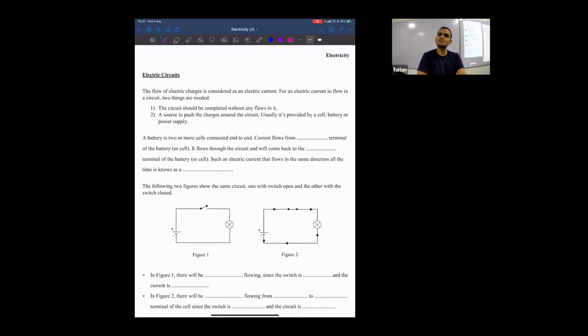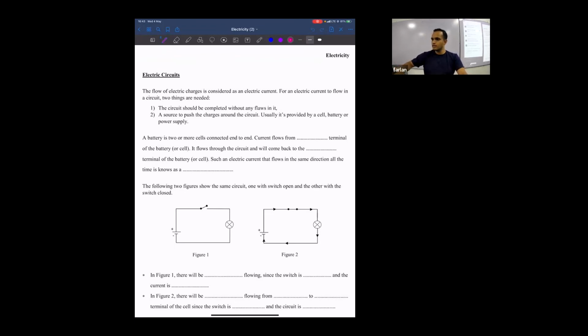What does electricity mean? The energy created by the flow of electrons. So, guys, an electric current is a result of the flow of electrons. Electrons have a charge. Positive or negative? Negative. It's a negative charge.